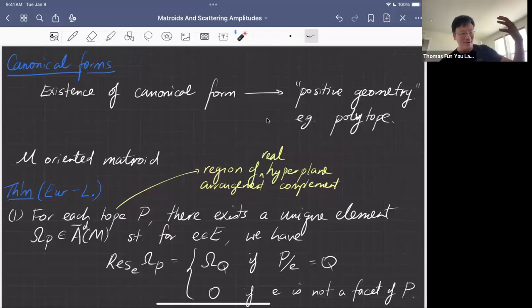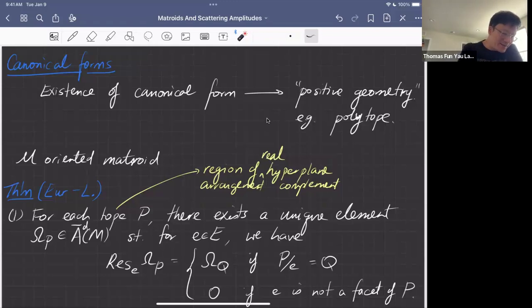That thing is not actually a polytope because it's embedded in a curved way in the toric variety. Another example is you take a flag variety or Grassmannian, and there's something called a totally positive part of it. That's a positive geometry. Or you could take a moduli space like M0n, take one connected component of the real points and take the closure. That's another example of a positive geometry.